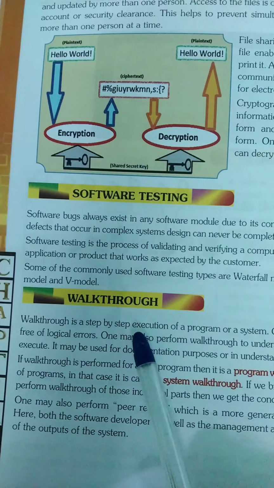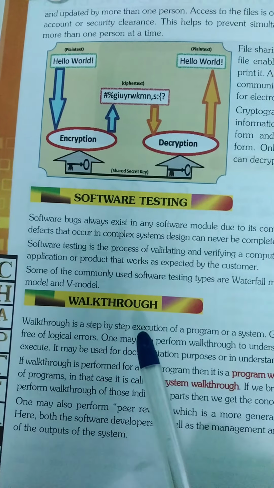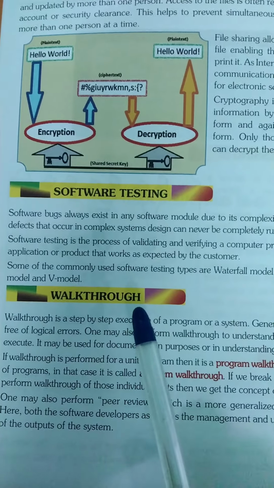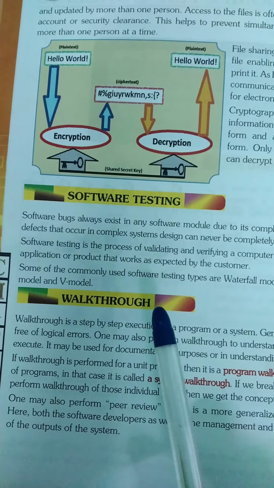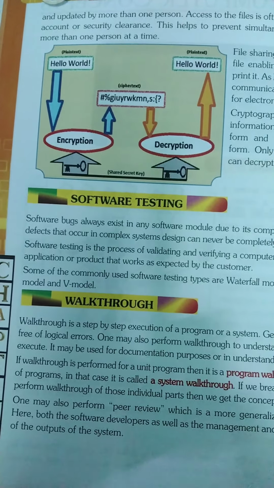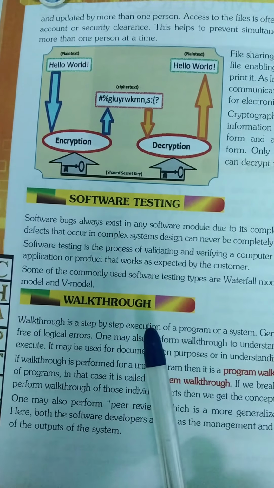And walkthrough has three types: program walkthrough, system walkthrough, and structured walkthrough. What is program walkthrough? If the walkthrough is performed for a unit program, if it is for one program, it is called a program walkthrough.